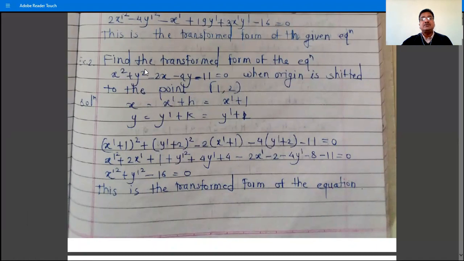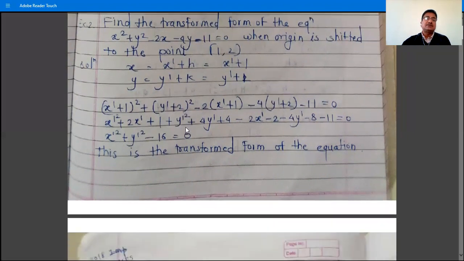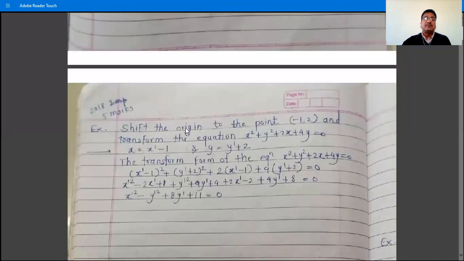Only this is with respect to the old system, where the origin is (0, 0), and this is the equation of the same curve with respect to the new system, where the origin is (1, 2). So in order to find the transformed form, just substitute x = x' + h, y = y' + k. We get the transformed form.